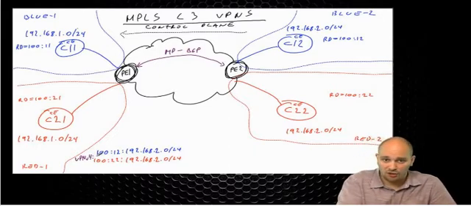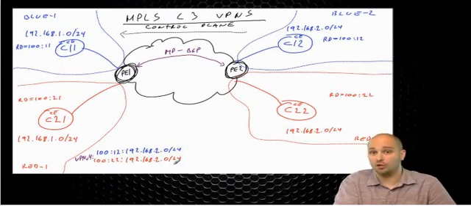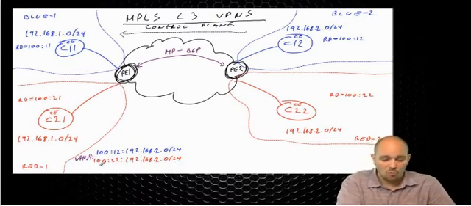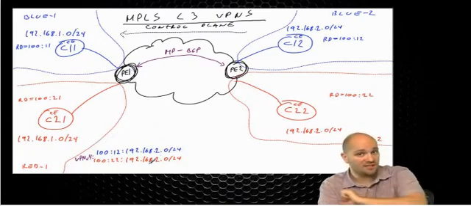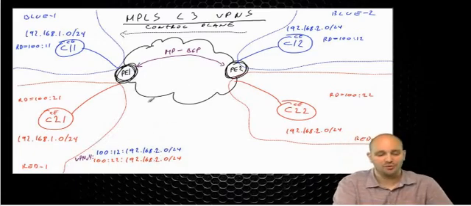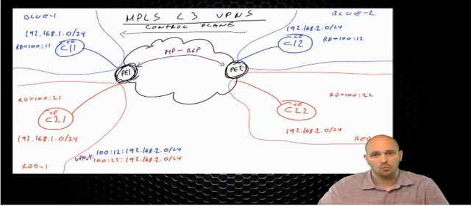Another thing that we can see is that this address here, 112.192.168.20/24, and 122.192.168.20/24 are not the same. So now there is no best path selection process between these two because blue is different than red. So this solves the problem of making the routes unique. This avoids the best path selection process on PE1.